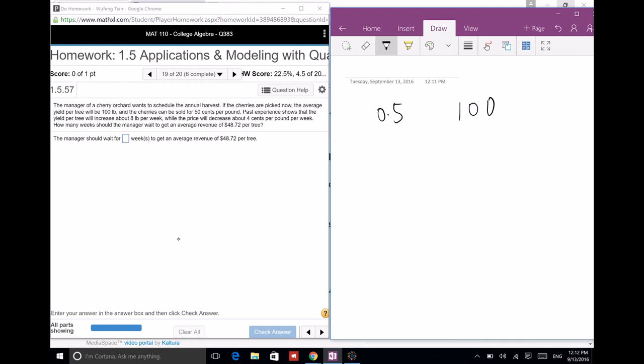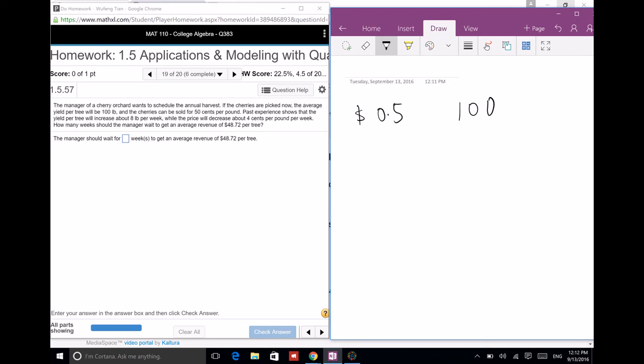We need to think about that, okay? Because the rest is using dollars, not cents. But it's interesting, because when you do the increase, you have to do the cents. So now every week you add 8 pounds per week.